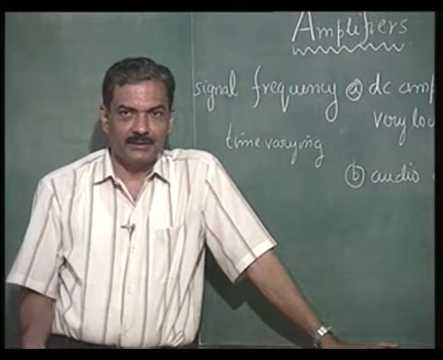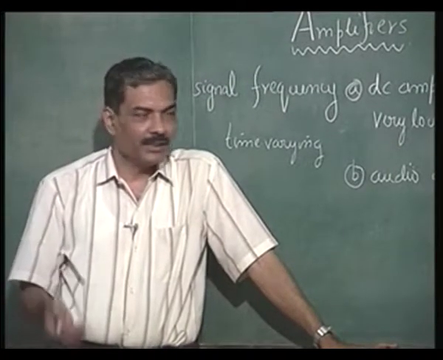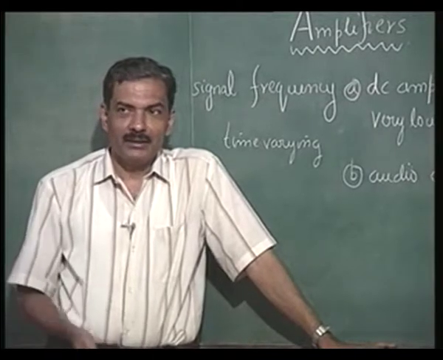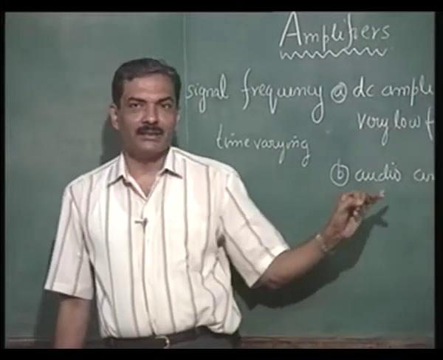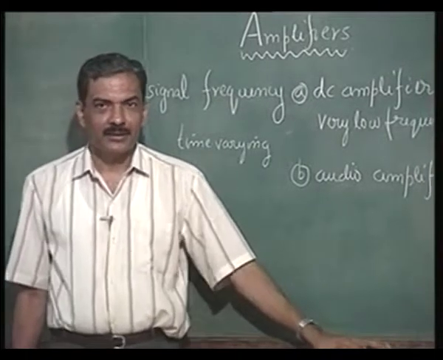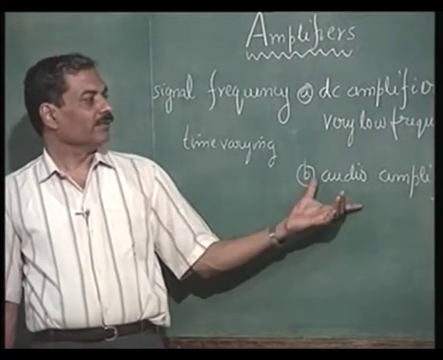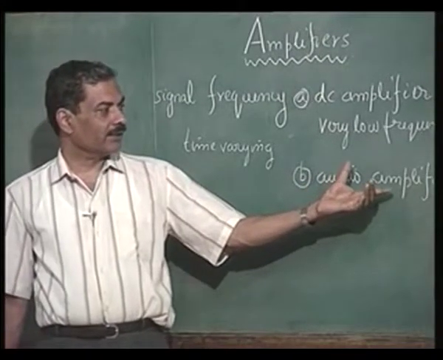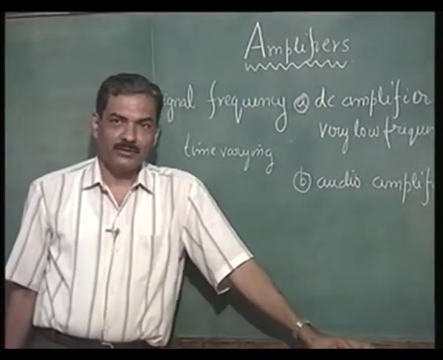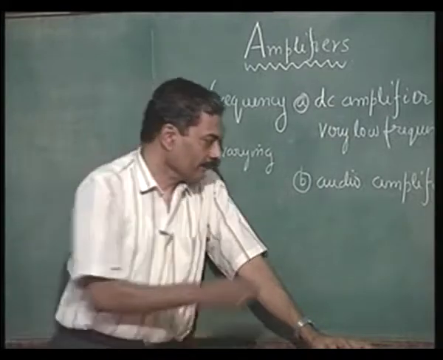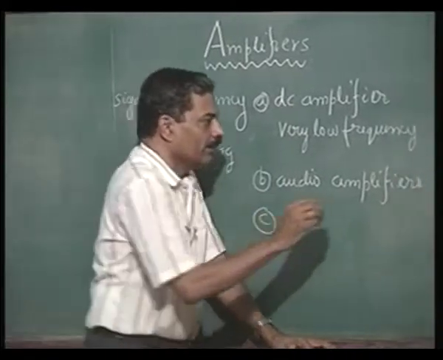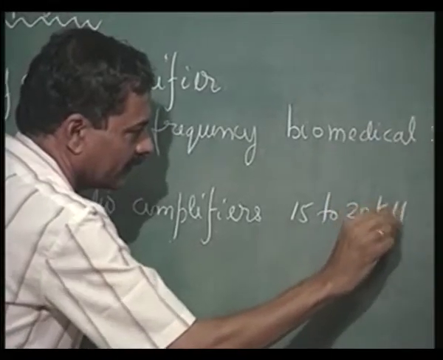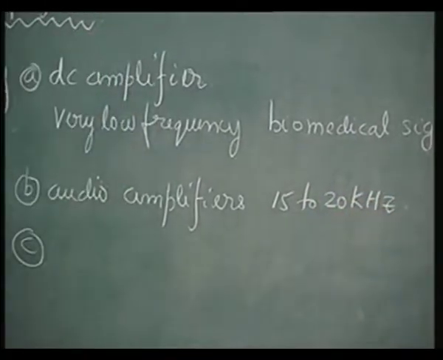In our radio receiver, gramophone player, cassette player, CD player, all these things will require high quality audio amplifiers. In fact, hobbyists normally, electronics hobbyists normally concentrate primarily on building audio amplifiers. So we have about 15 to 20 kilohertz frequency range.